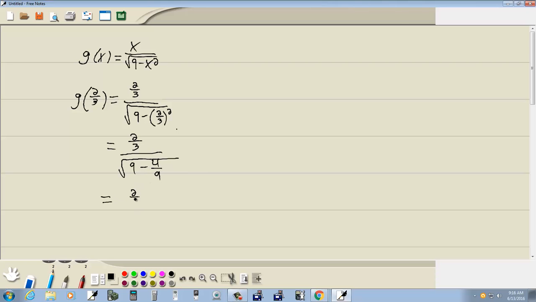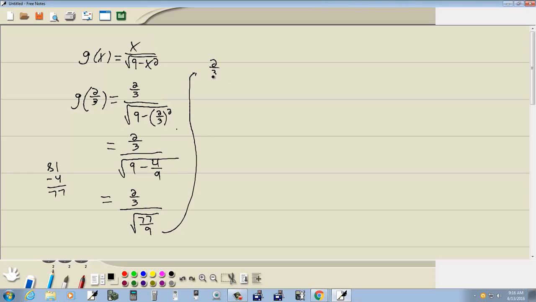Then I got 2/3 over. Now this is a mixed number, so I can take 9 times 9 is 81. And then I'll add a number on top, which is a -4, which gives us 77. So this becomes square root of 77 over 9.